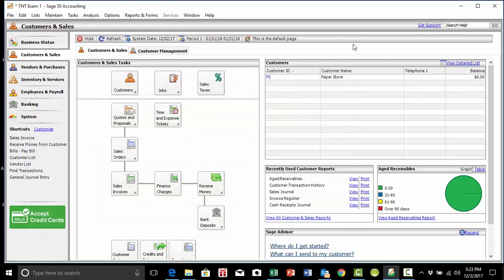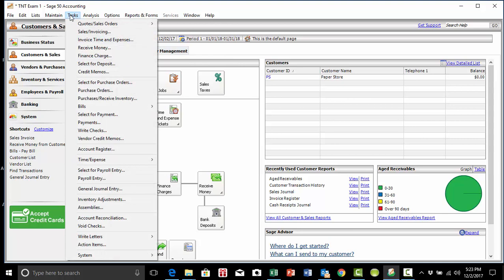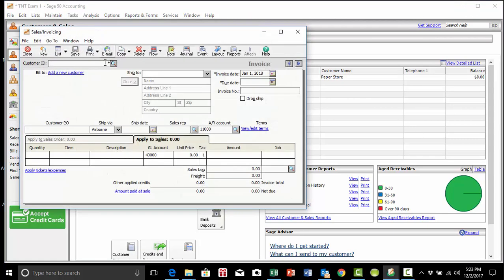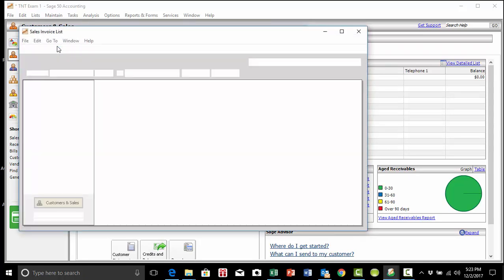The second entry was we billed paper store for $11,000. So how do we do that? It's tasks and sales invoicing. I told you where all these entries were to go. So if we just take a look at the entry that was made.